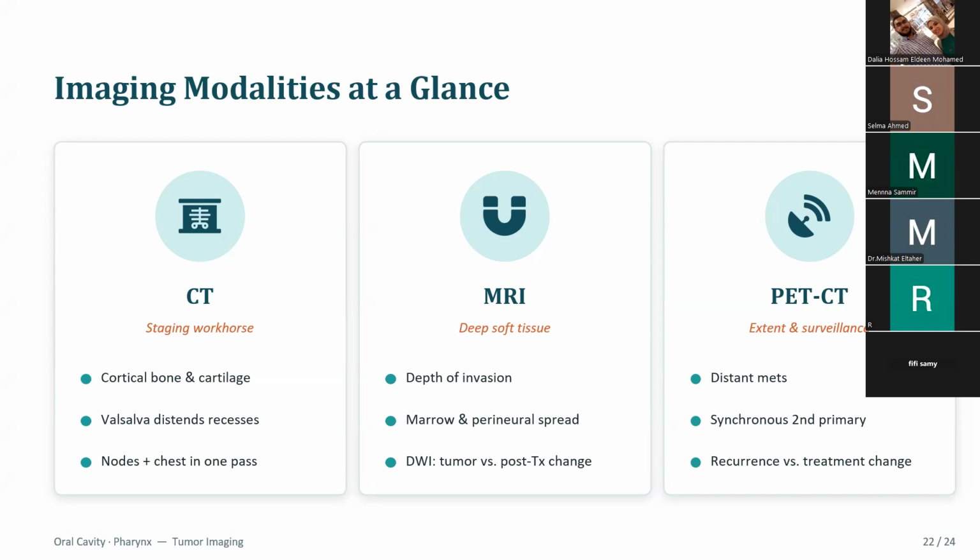And with the diffusion that separates tumor from post-treatment changes, as we'll discuss later. And the PET CT would cover the wider view, distant metastasis, synchronous second primary, and recurrence versus the treatment change on surveillance. Hold that division in mind. And now let's look how we actually acquire each one.